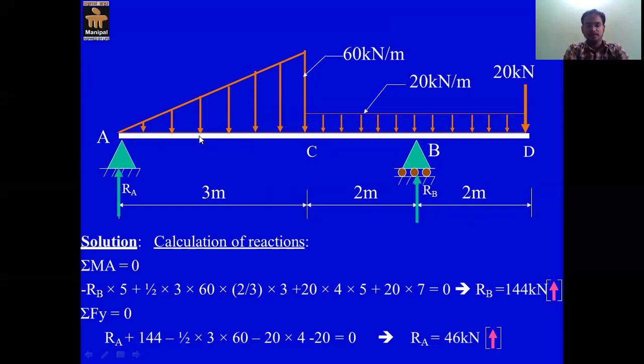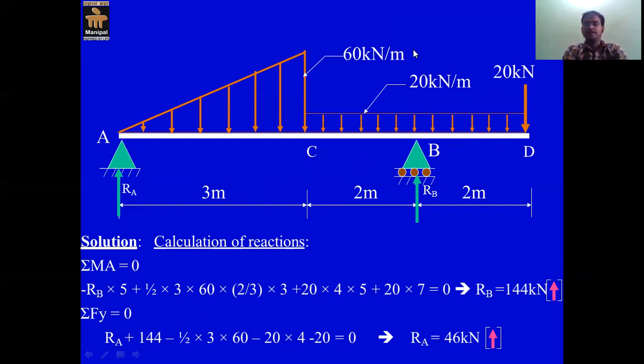2/3 of this 3 meters plus 20 into 4. 20 into 4 into 5. 5 is 3 plus 2 is 5. So this distance is 5.